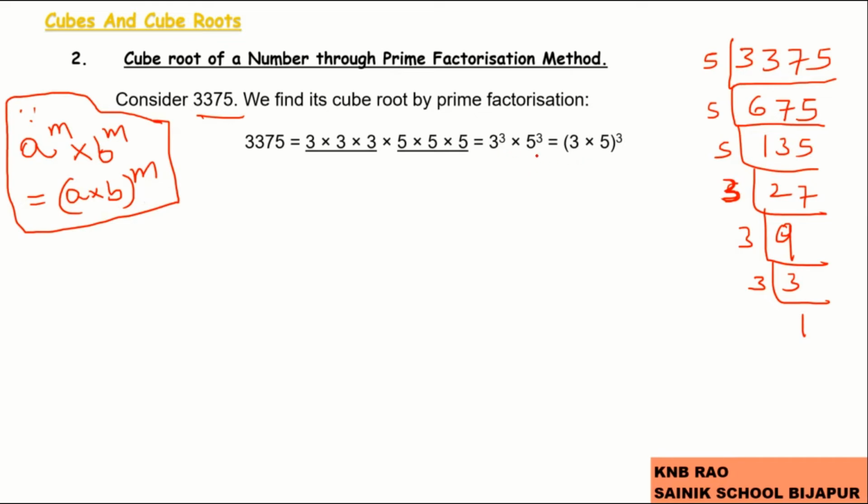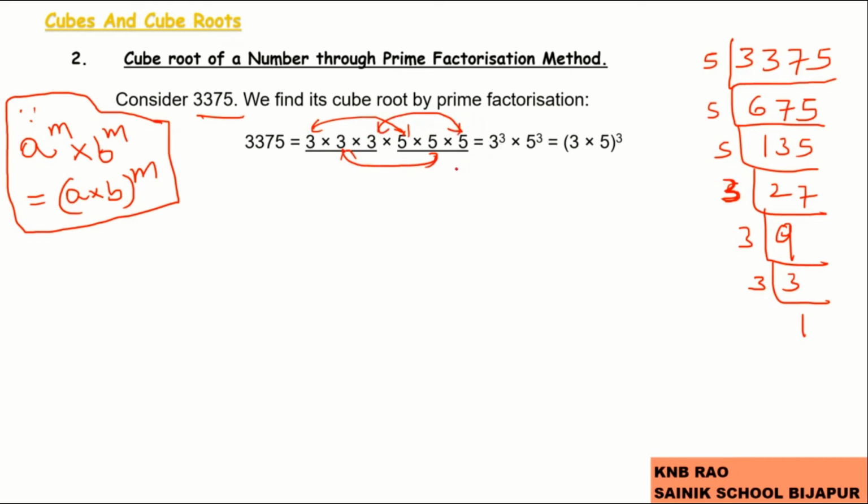Okay. So 3 into 5 whole power 3. It is because this pair is one time, this pair is second time, and we have a third pair, isn't it?